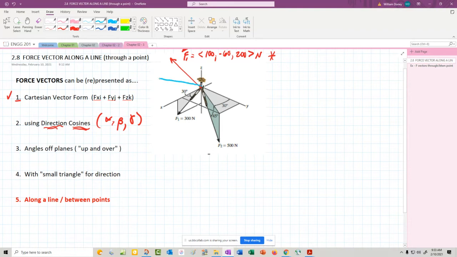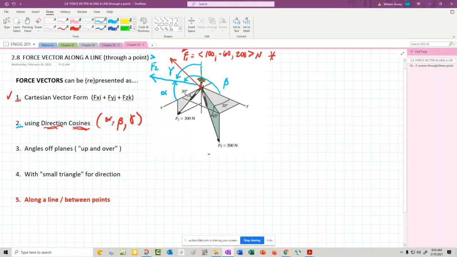The important thing about that kind of force, if we make that F2, because it's 2 here, is that we're going to know the angles measured from the 3 axes. So alpha will be from the X, the Y will come over here and give us the beta, and then from the Z axis, we come down here to get gamma.